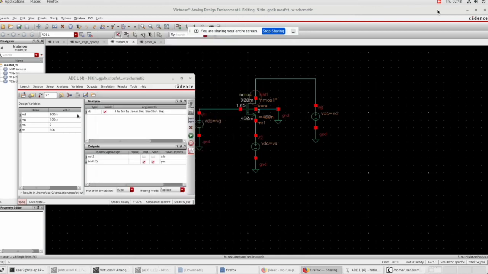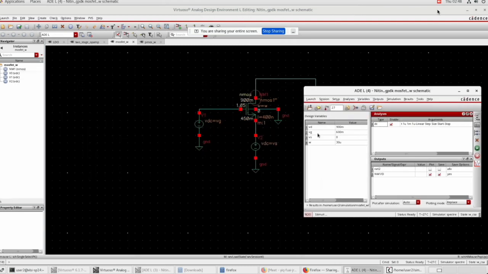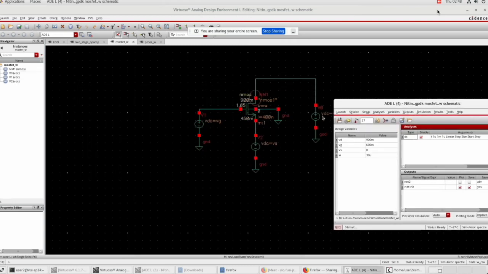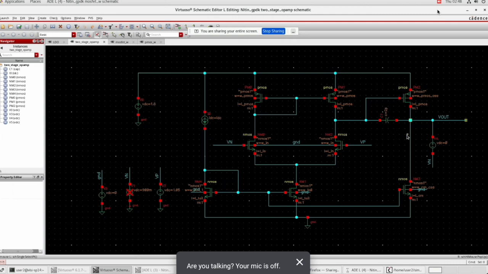In this case, the VD is 900 millivolt because I assume this voltage to be 0.9 volt and this to be 1.8 volt. And the VG is the same as this MOSFET, that is 600 millivolt, and the source is grounded.